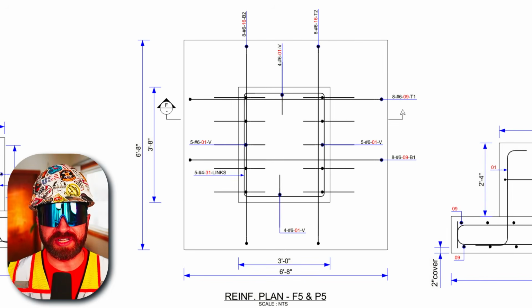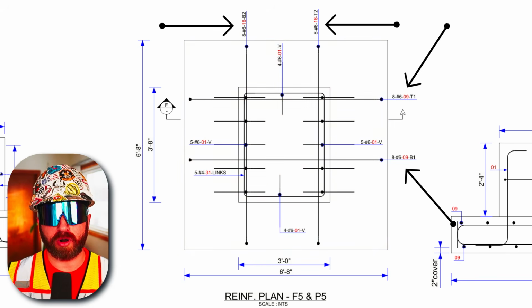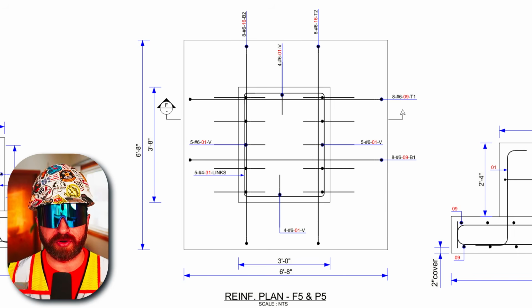Looking back at our plan view detail, let's start with the rebar in our F5 footing, which is the larger rectangle. We have 4 bar notations, which mean 4 different types of rebar that make up this footing.